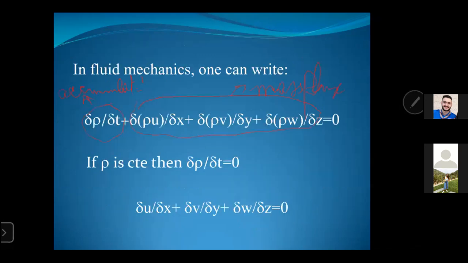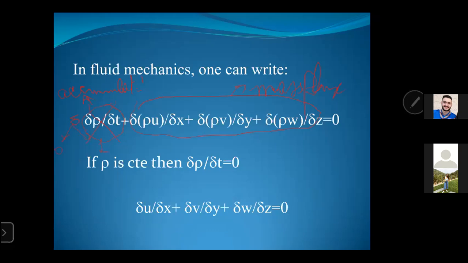This small chronicle is 0 or 1. If it's permanent, chronicle equals 0. If it's transient, chronicle equals 1. Then this term will exist inside the equation, will be added to the equation. Otherwise, it will be eliminated. Understood?